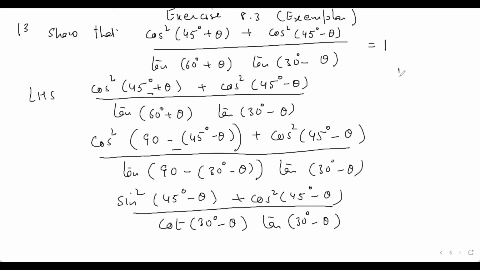Now this is 1, sin square theta plus cos square theta is 1. And cot 30 degree minus theta can be written as 1 upon tan 30 degree minus theta. So this and this is cancelled. I have 1 upon 1, that is equal to 1.